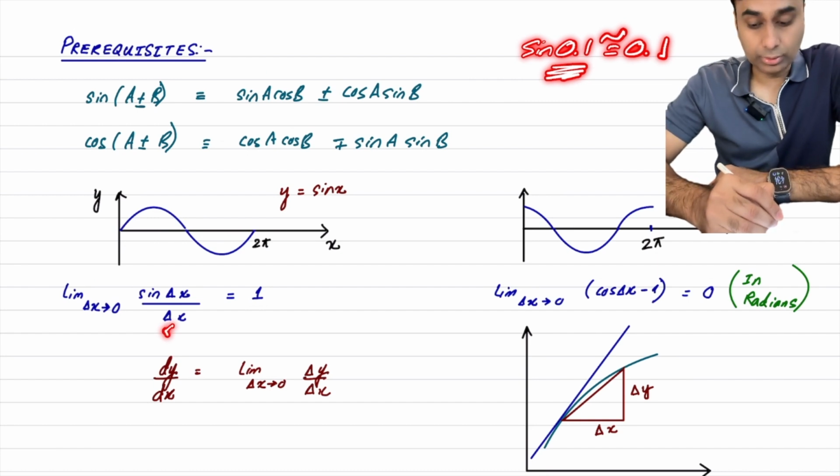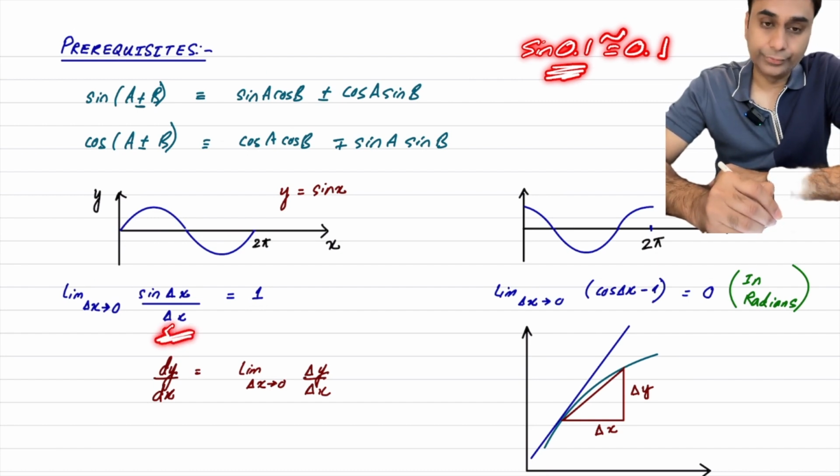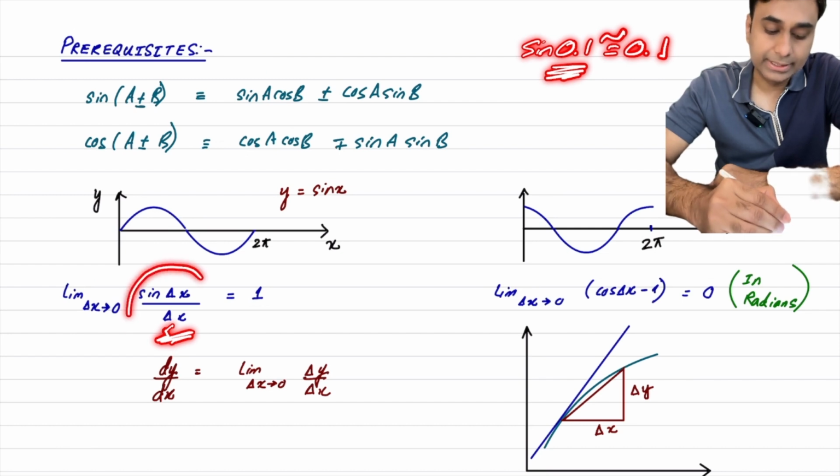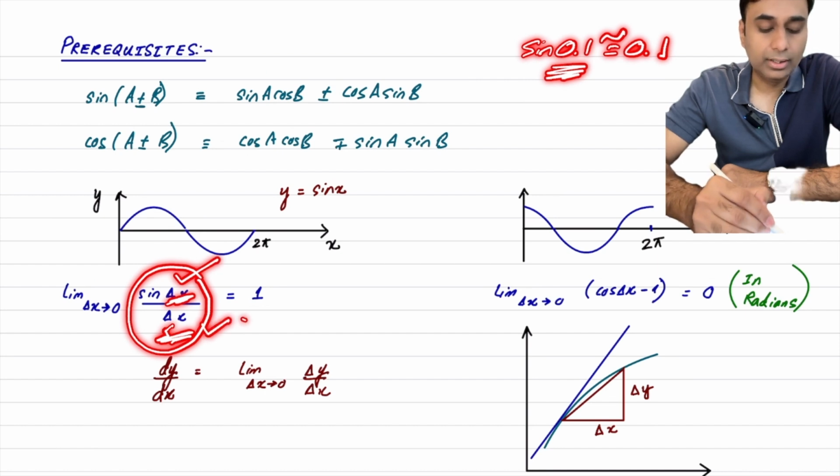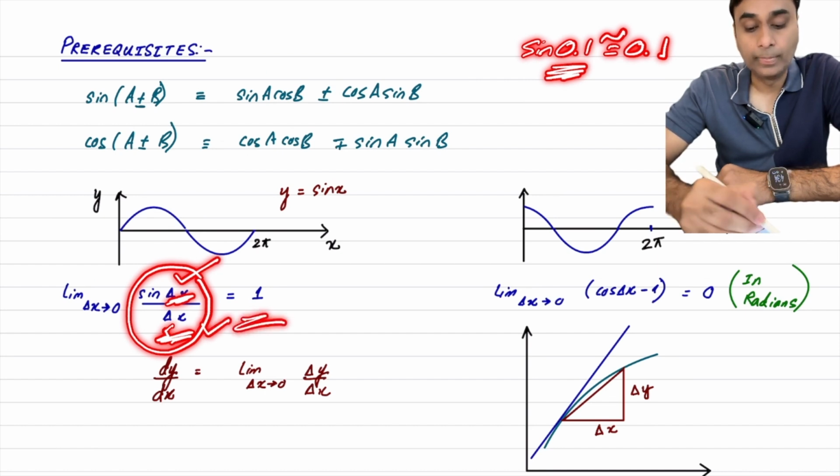The most important thing is that we have to recognize that this is one identity that we will be using: in radian mode, if this angle is nearly equal to 0, then sine theta divided by theta is approximately equal to 1.